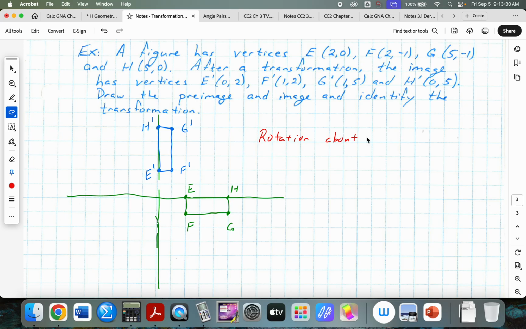So it's about the origin, or you could say 0, 0, that's fine. How far did we rotate it? 90 degrees. And which direction? Did we rotate it clockwise or counterclockwise? Counterclockwise.